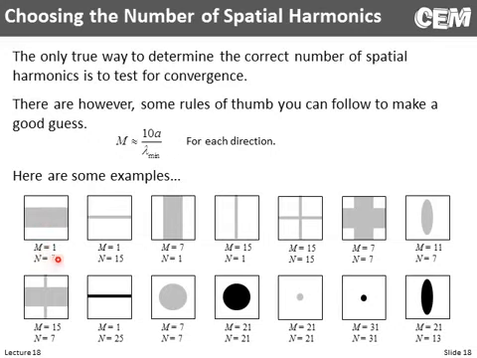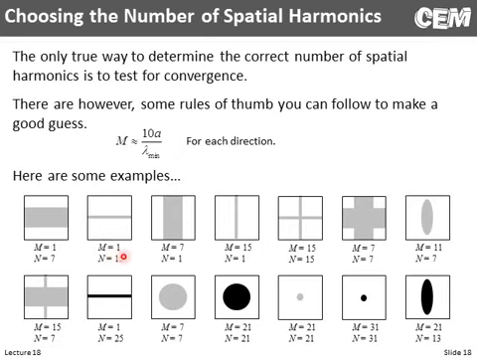Maybe we could get away with only 7 spatial harmonics in the vertical direction. Now let's look at the same thing, but with a really narrow bar. We know very fine features, impulse functions, have a lot of frequencies in their Fourier transform. So in order to resolve this thin bar, we're probably going to need more spatial harmonics in that y direction. Is 15 enough?